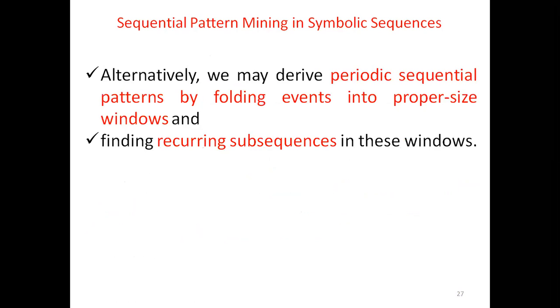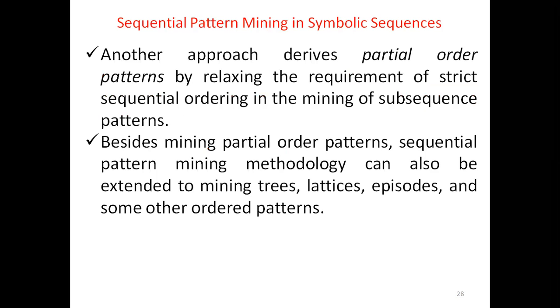Alternatively, you may derive periodic sequential patterns by folding events into a proper size window, or finding recurring sequences in these windows. We have other approaches also, but whatever the approach, it is the identification of subsequences.